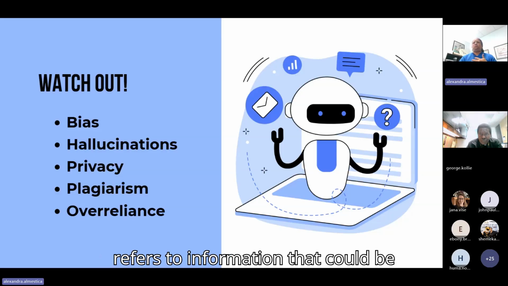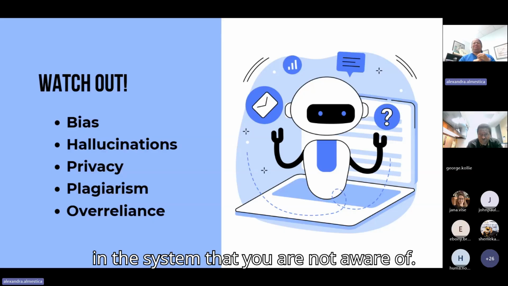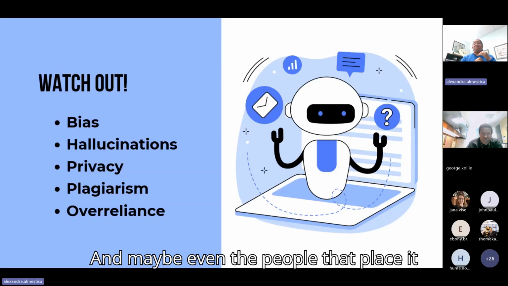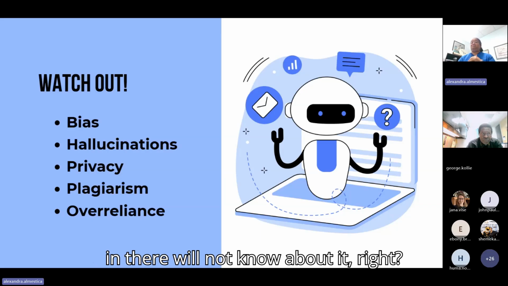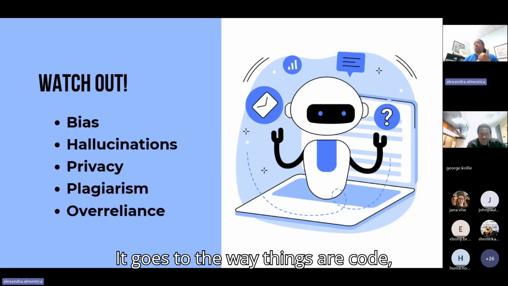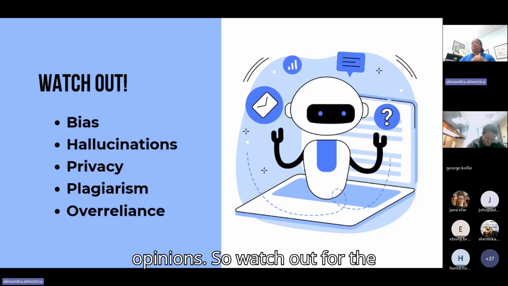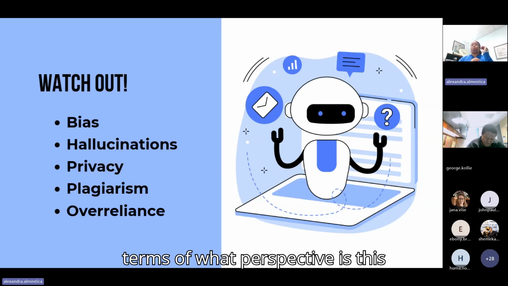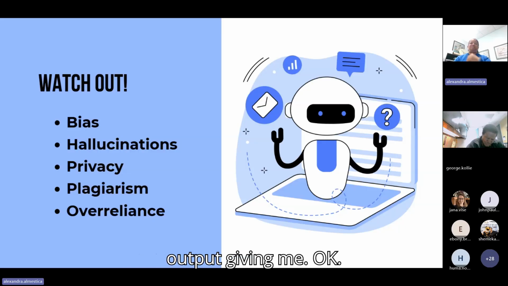That refers to information that could be in the system that you are not aware of, and maybe even the people that placed it there will not know about it. It goes to the way things are coded, opinions. So watch out for the output and think about what perspective this output is giving me.